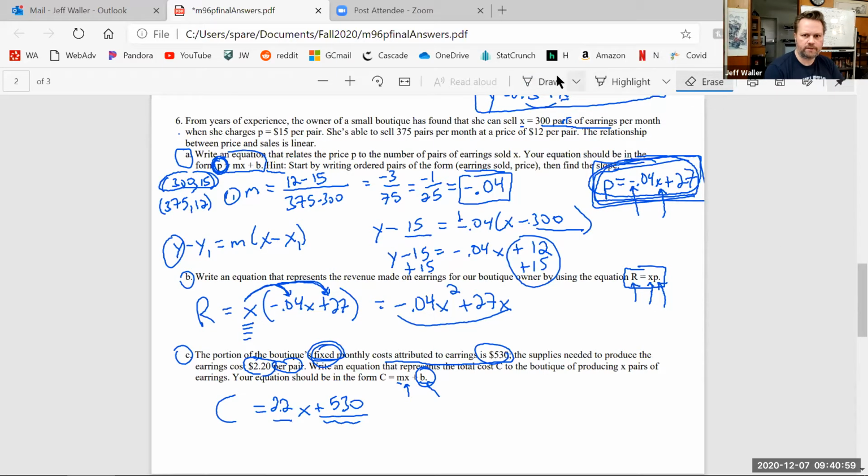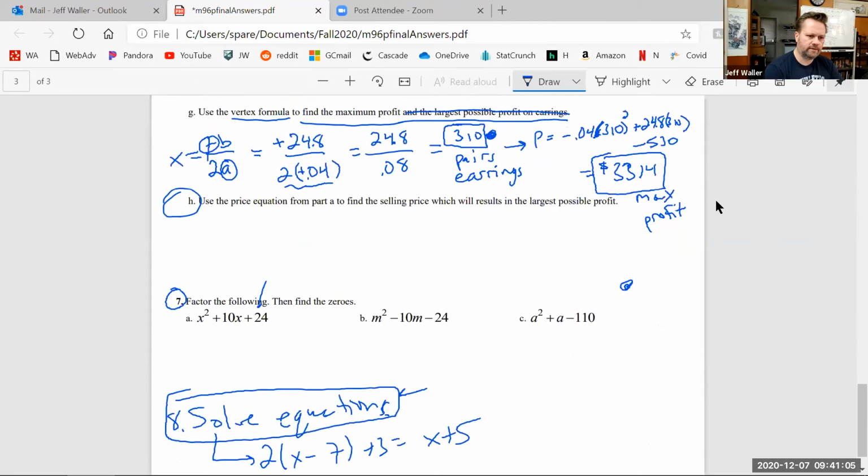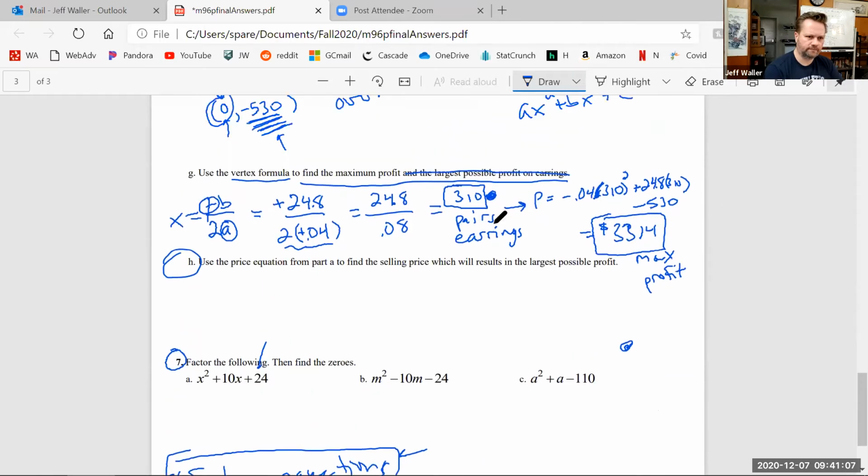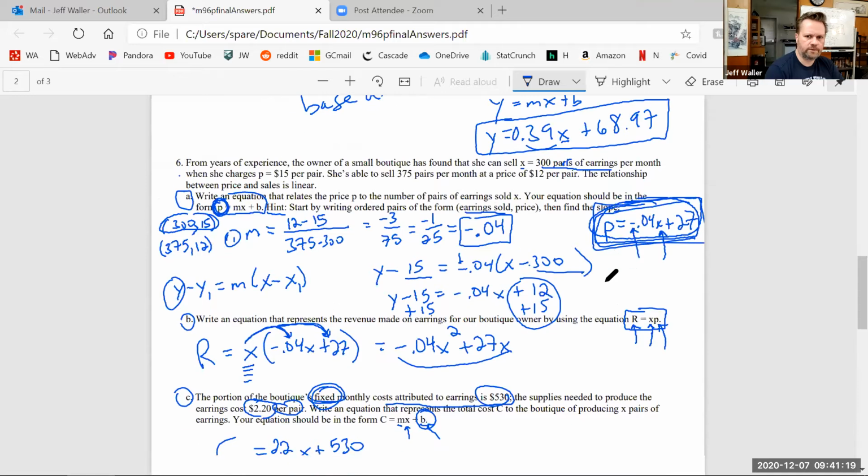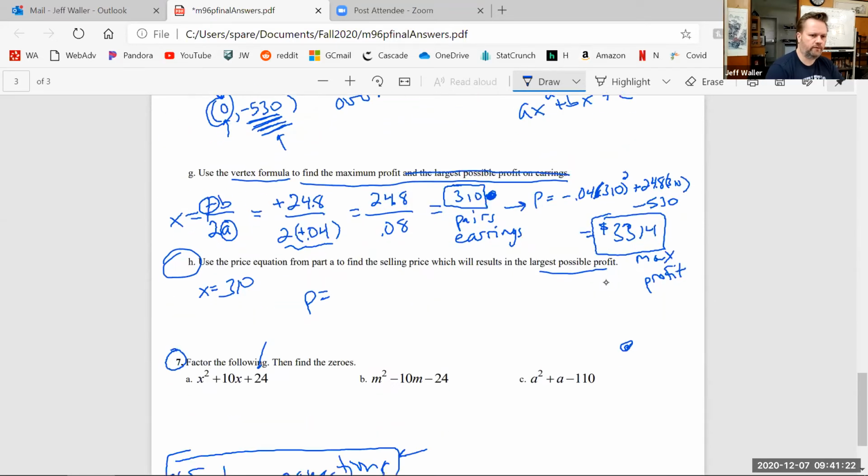And do I know what X is in this situation? What would X be to get the largest profit? What did we figure out? 310. And now I just have to put that in the price function, negative 0.04 X plus 27. So negative 0.04 times 310 plus 27.